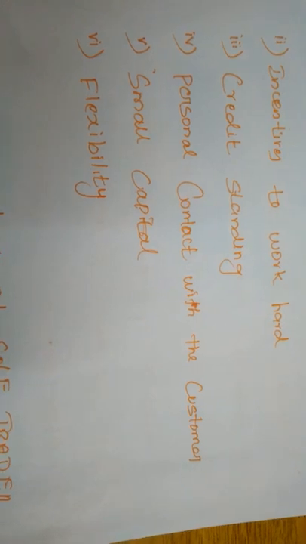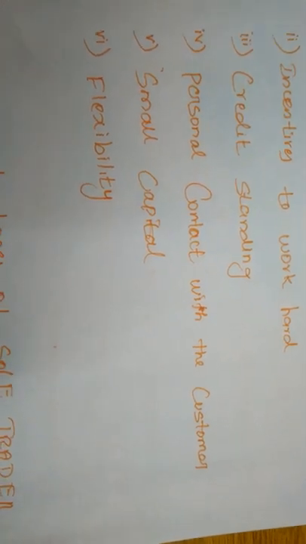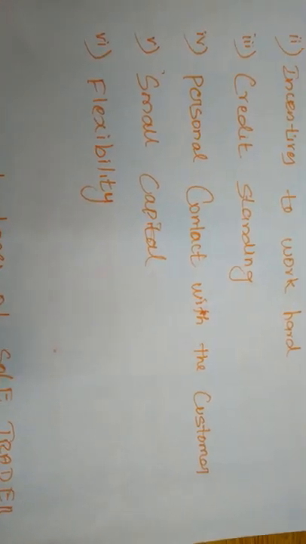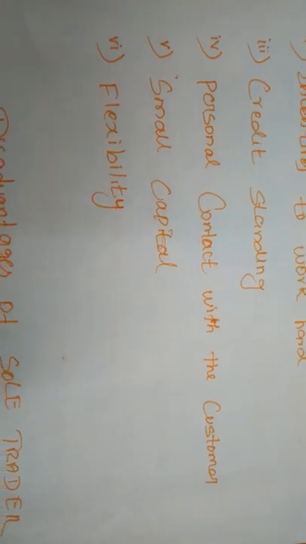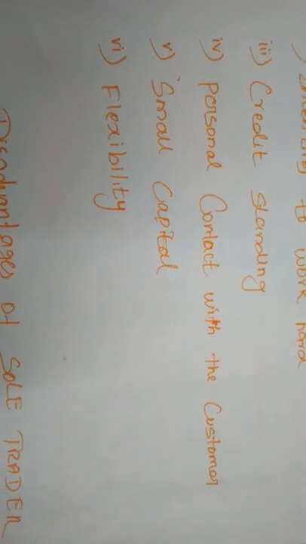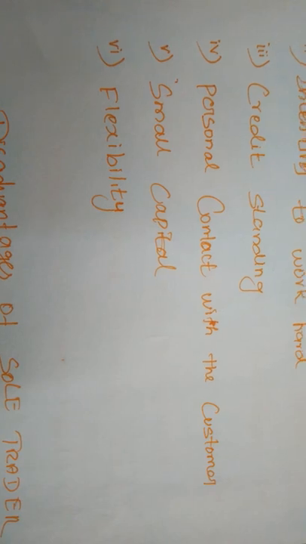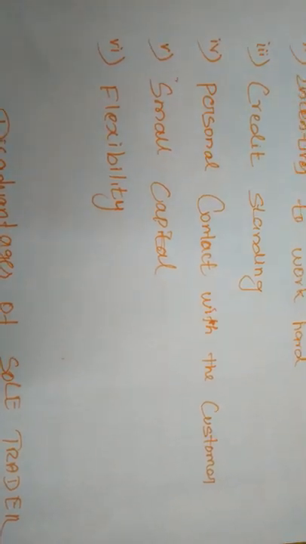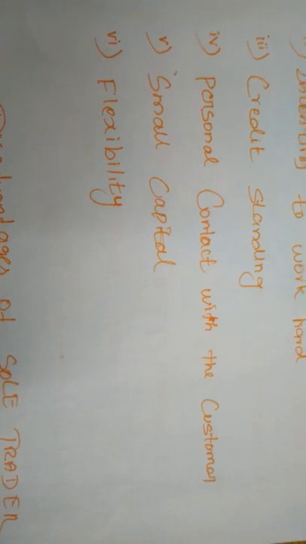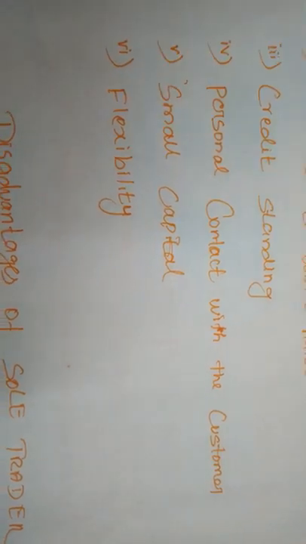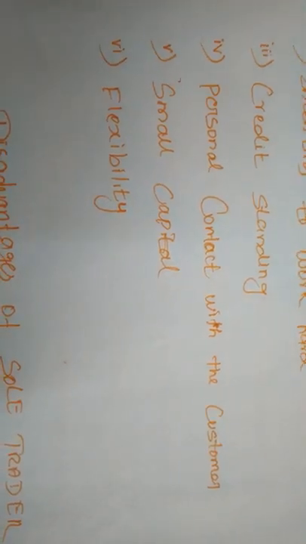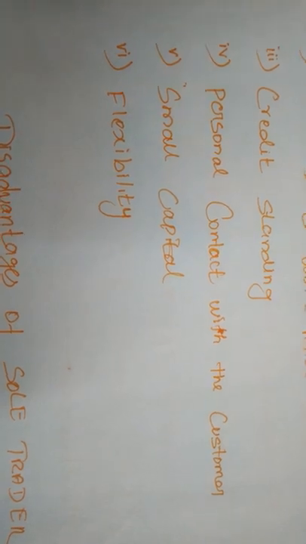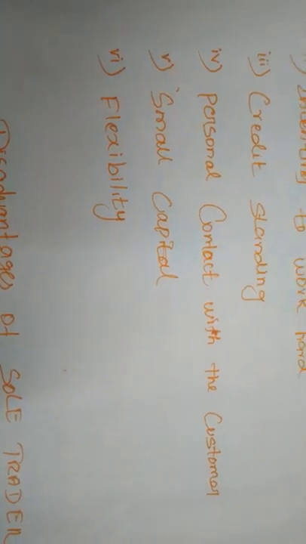But in a sole trading organization, the sole trader is considered a retailer. One benefit of being a retailer is that he can understand the details, tastes and preferences of customers, what they want, which product they need, and when demand is higher or lower. Everything is understood and known by the sole trading organization.